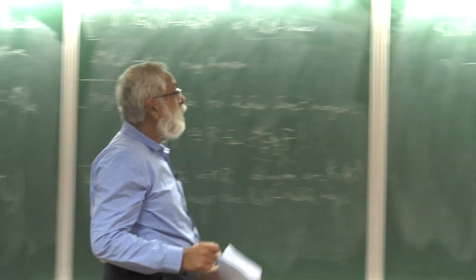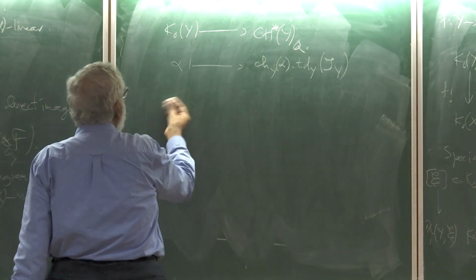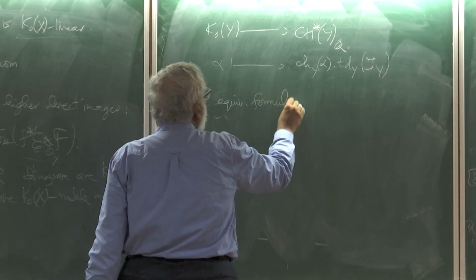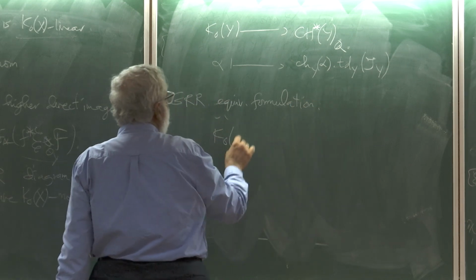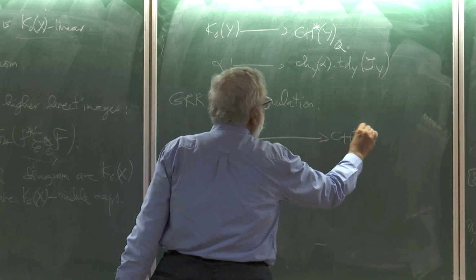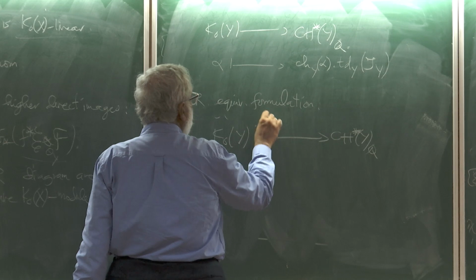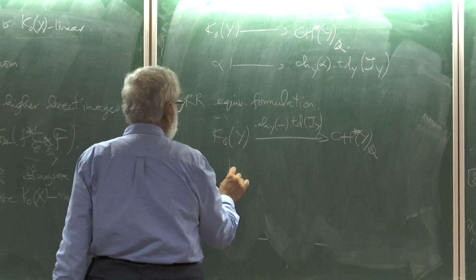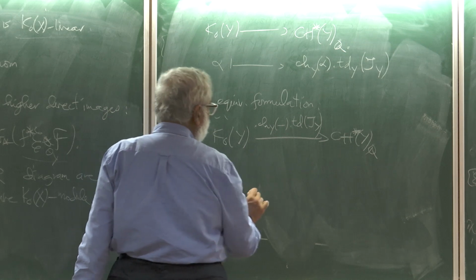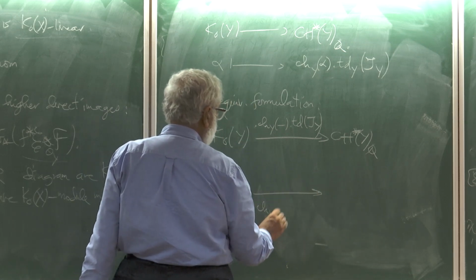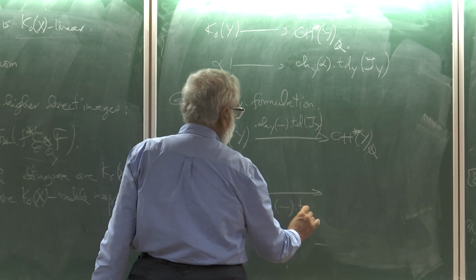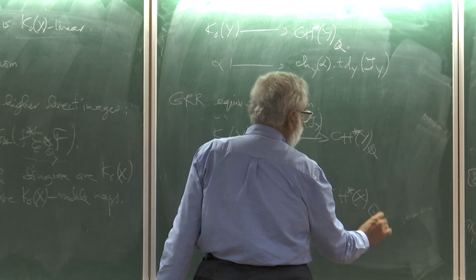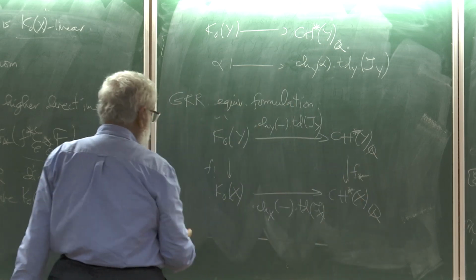And then the assertion is that this diagram, so GRR, equivalent formulation, K naught Y to Chow star Y tensor Q given by... it just says this commutes.